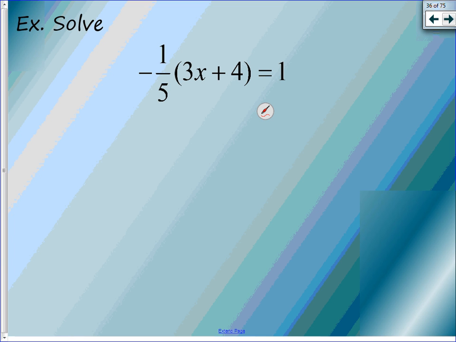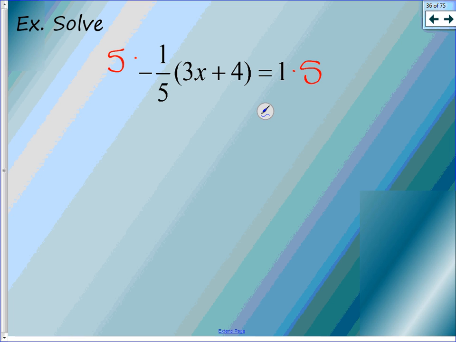What now would we multiply both sides by to get rid of the fraction? Good, by 5. So I'm going to multiply by 5. Shirley asked if it wouldn't be negative, I would just use 5. It's totally up to you. You could do either. You just have to keep track.